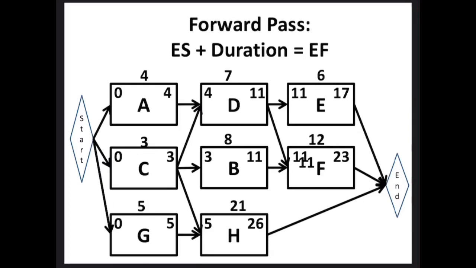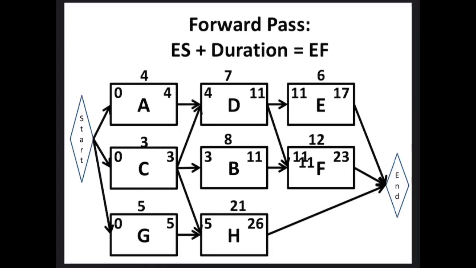So the early start for activity D is going to be a choice between 4 from A or 3 from C. Since we need both A and C to be done, we know that that number is going to be 4. The early start for activity D is 4 because we chose 4 as an early finish of activity A. Because if it's day 4 that activity A finishes and day 3 that activity C finishes, we know that D cannot start until both of them are done.